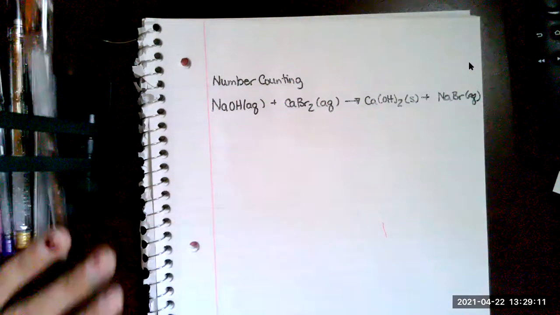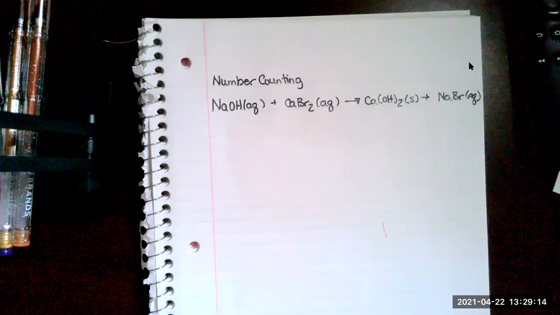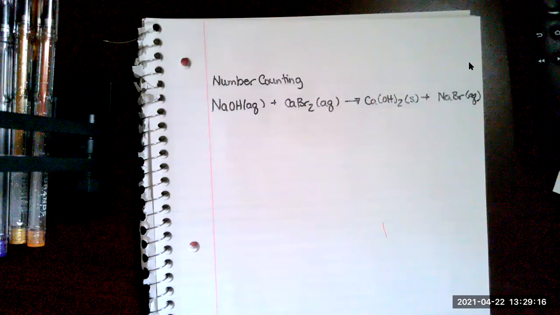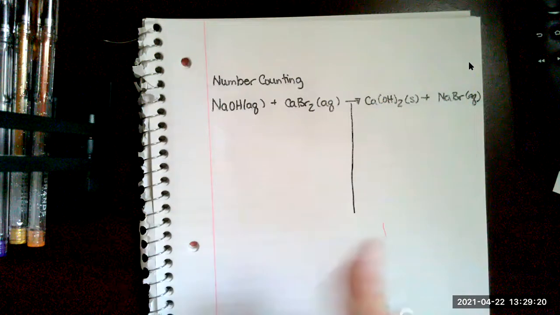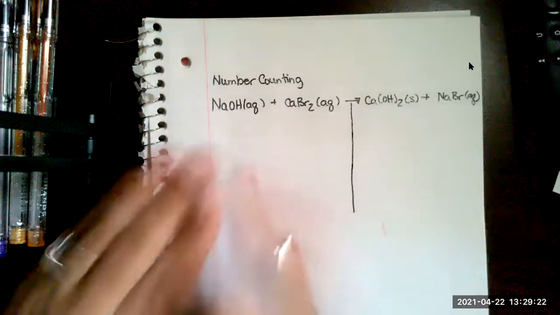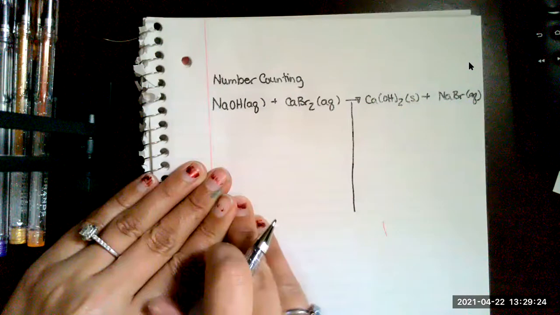Now, I almost always put a line down the middle. It really helps me with my counting to determine and to visually separate my reactants from my products.